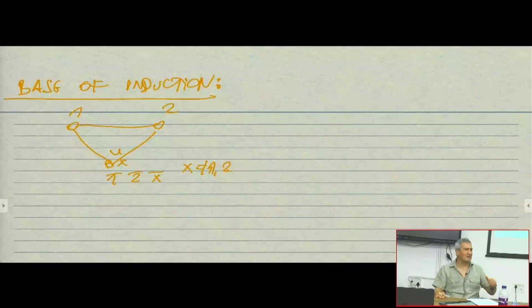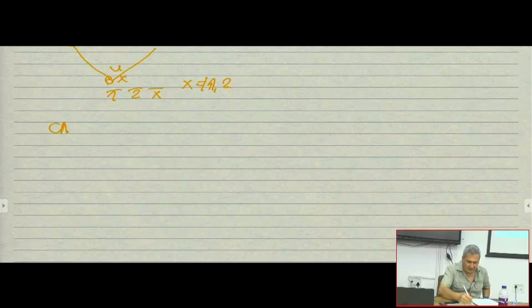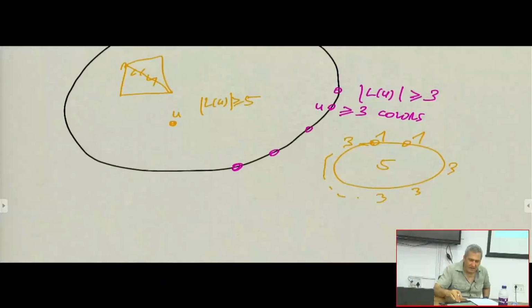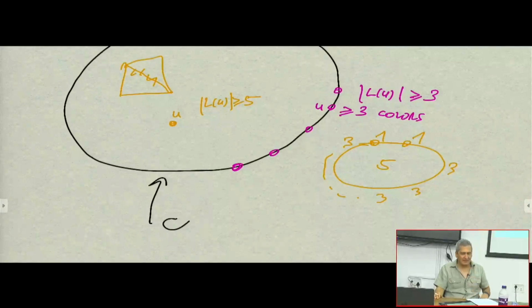Now we assume the graph has more than 3 vertices. Case 1. Let's denote the outer cycle by C. We can assume it's 2-connected, for simplicity. C is a cycle.